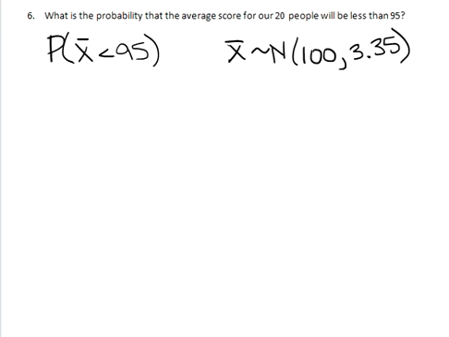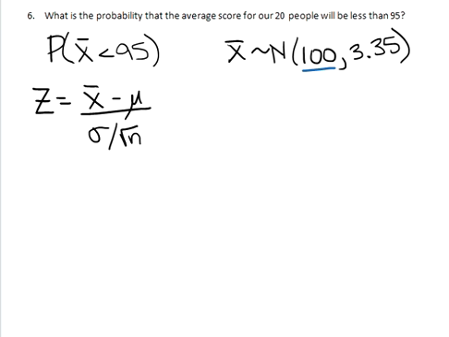If we want to find the probability that x bar is less than 95, we can go through and calculate our z-score to find this. So we will get z is equal to x bar minus mu divided by sigma over the square root of n. Now remember that mu is the same thing as the first number in our sampling distribution, so we can plug in 100 for mu.